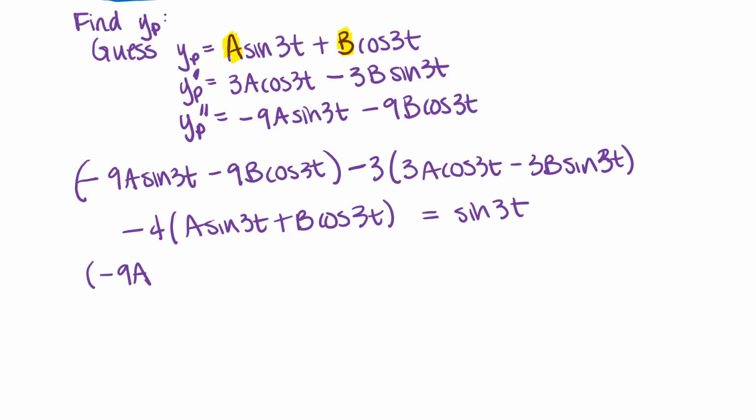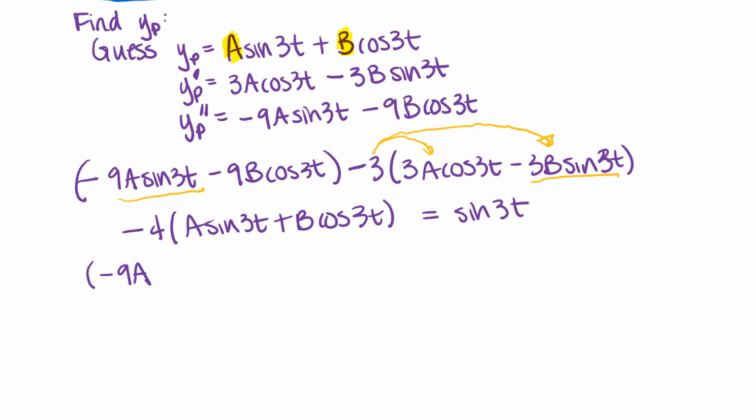So I'll have minus 9a, and I like to mark them off after I've done them just to make sure I didn't forget to do any. And then in the next group here, I've got a minus 3b sine 3t, but I have this minus 3 out front. So if you tend to be a person that forgets to do some algebra here, maybe you write those little arrows like I just did to remind you to distribute that minus 3 through, or maybe you write out an extra step of algebra where you go ahead and distribute through that minus 3 and then also the minus 4 on the last parentheses here.